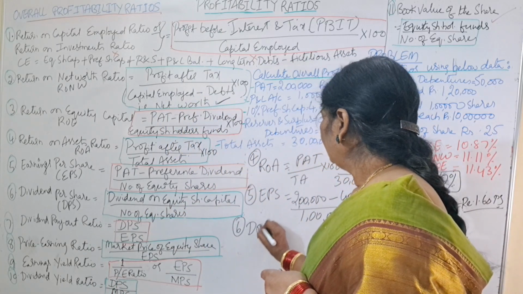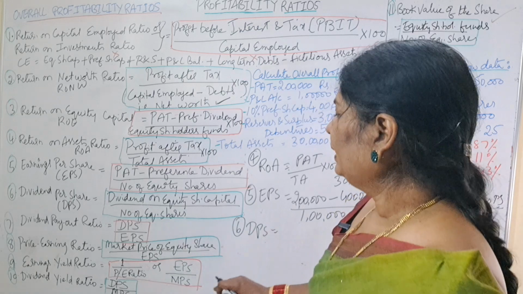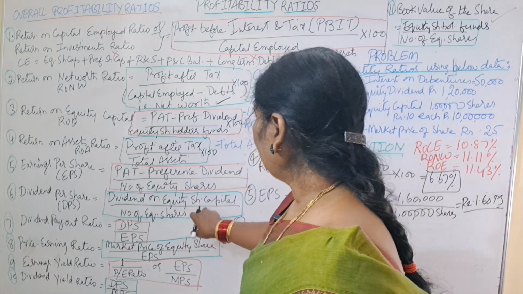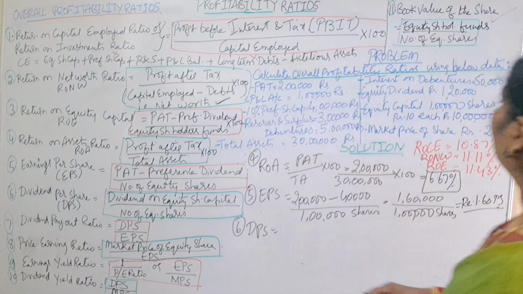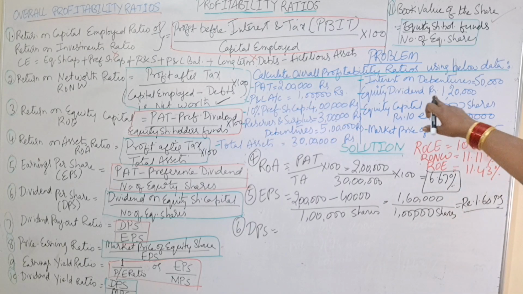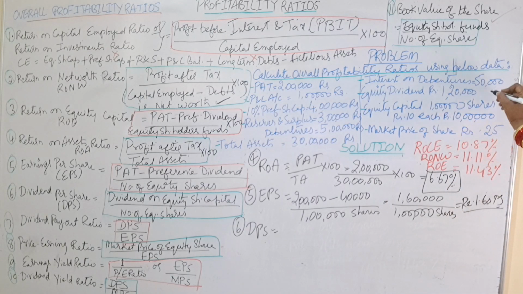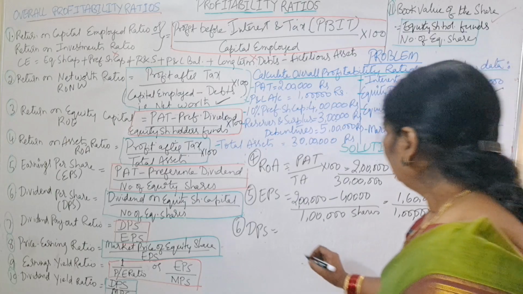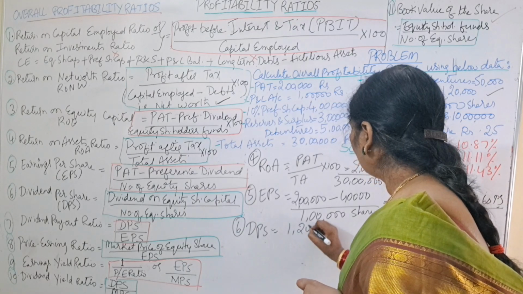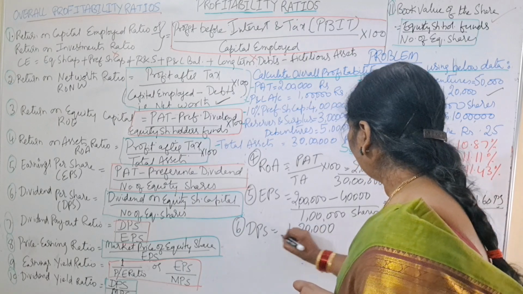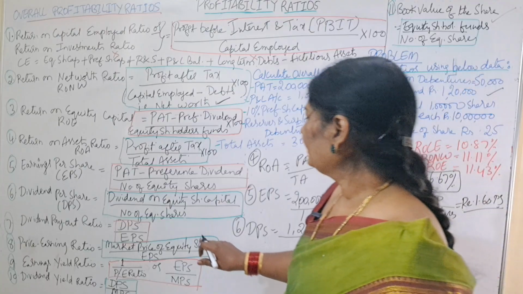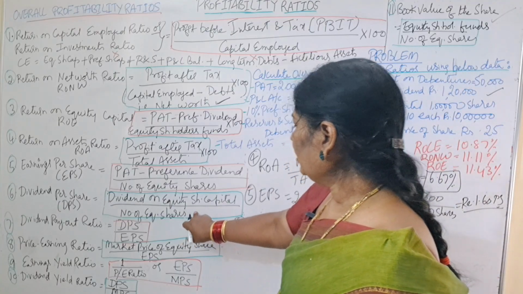DPS is equal to dividend on equity share capital. How much of dividend they have declared? 1,20,000 rupees. So take this amount. 1,20,000 is our equity dividend divided by number of equity shares.